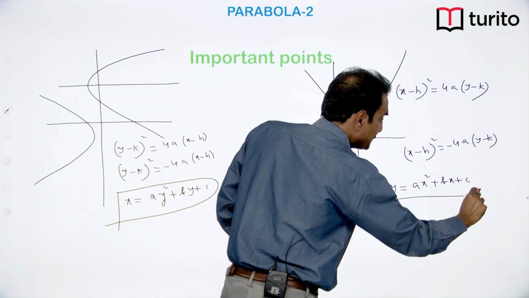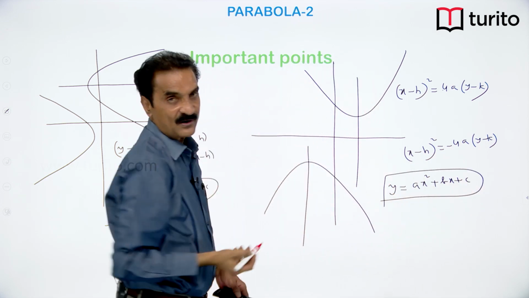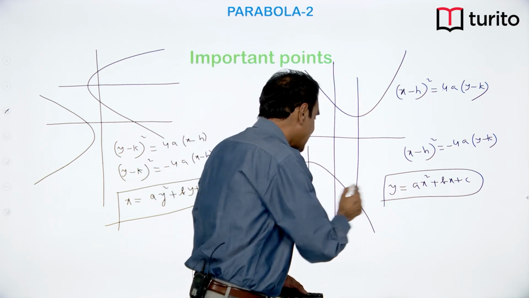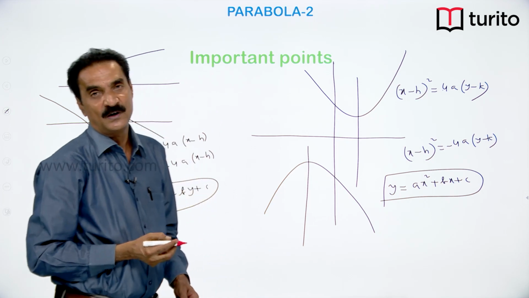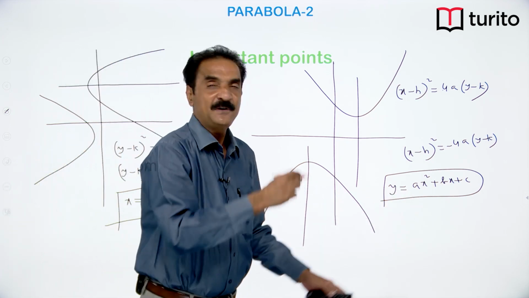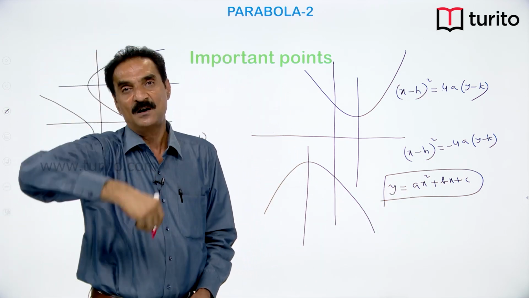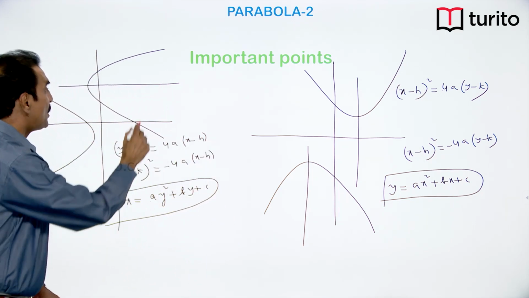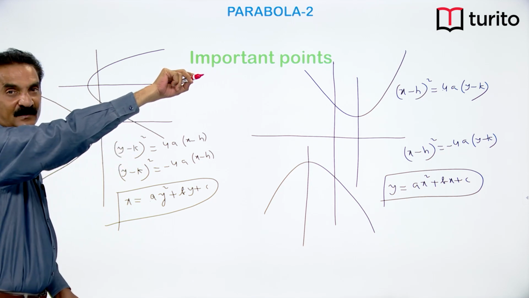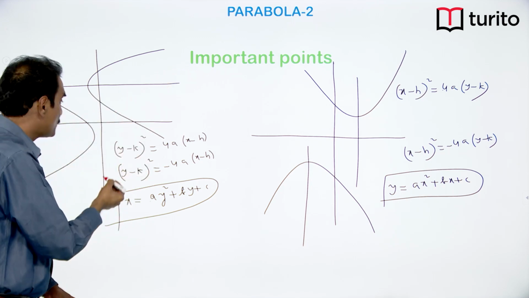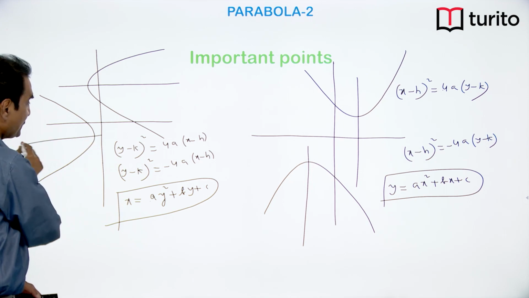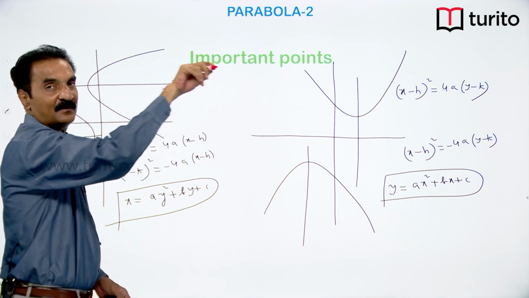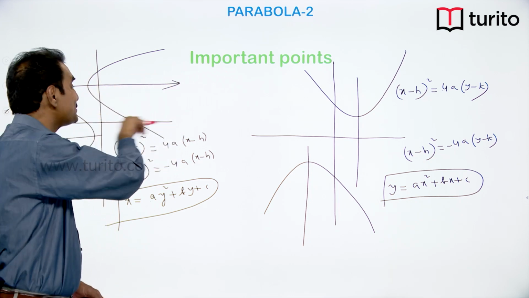Similarly, the concavity of this parabola will be upwards if a is positive, and if a is negative, the concavity will be downwards. So, from the sign of a you can know whether the parabola is upwards or downwards. Similarly, in this case, if a is positive, concavity will be towards right. If a is negative, concavity will be towards left. Instead of telling concavity, we can say that the axis is parallel to positive x axis.